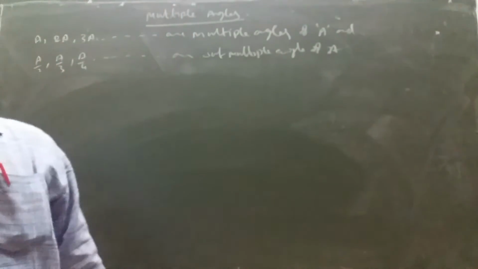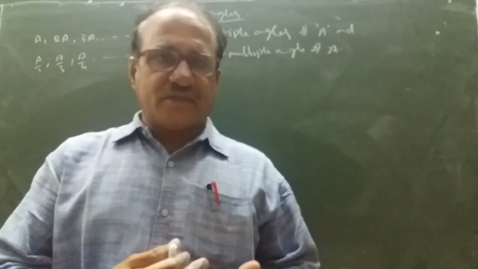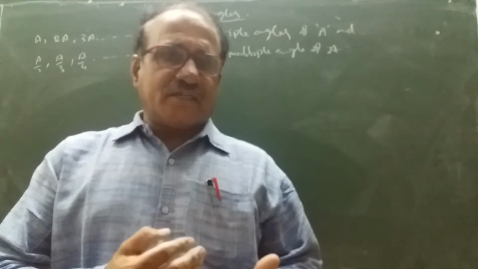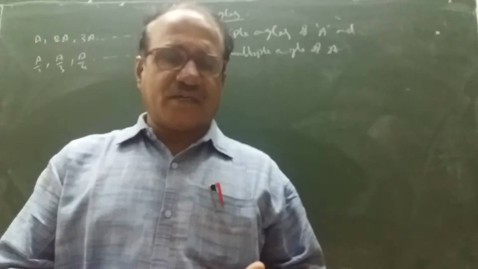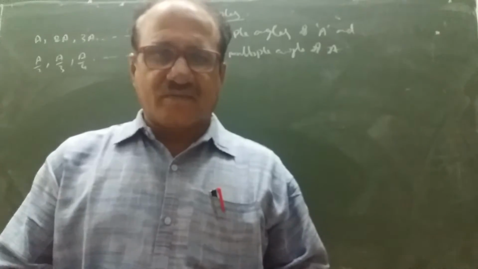We know the compound angles: sin A plus B, cos A plus B, tan A plus B, cot A plus B, and others; sin A minus B, cos A minus B, tan A minus B, cot A minus B; sin A plus B plus C, cos A plus B plus C, and others.